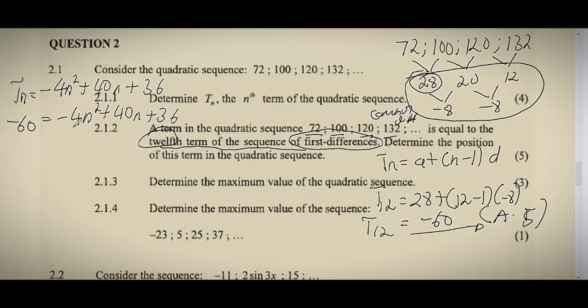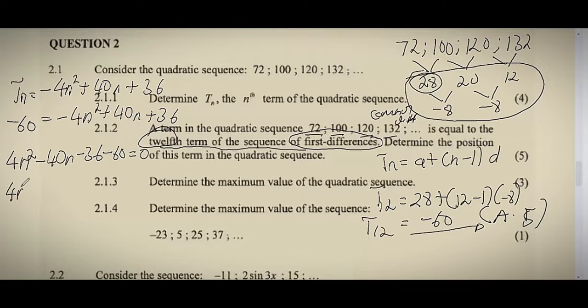Now let's transpose all this over to the left-hand side. So that's positive 4n squared minus 40n, then minus 36. We still have this minus 60 here, because we took all this and brought it over to the side.